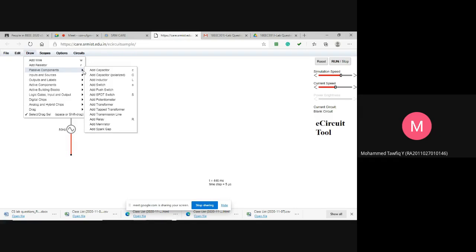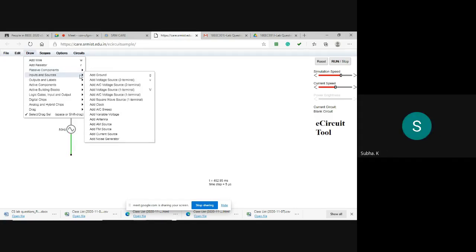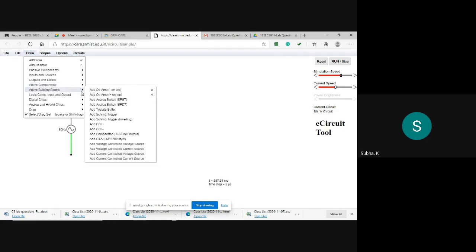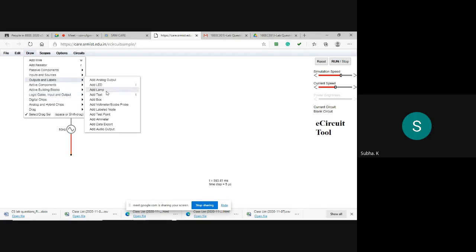In outputs, it's given. Outputs and labels. I saw, but somewhere I saw another lamp or bulb. So that's what I'm checking. Okay, we'll check bulb lamp.